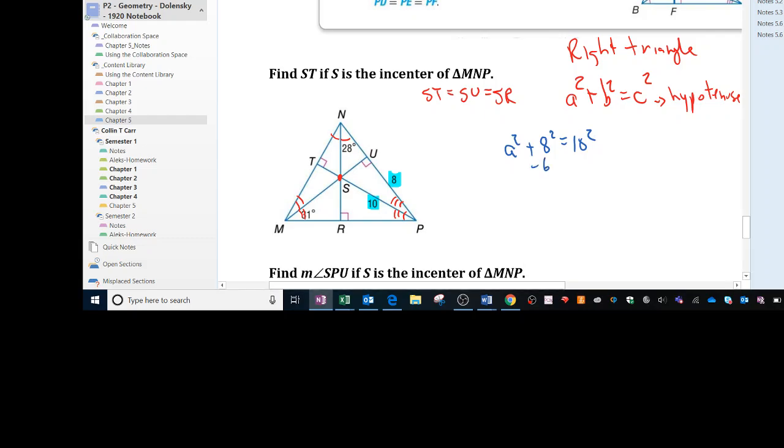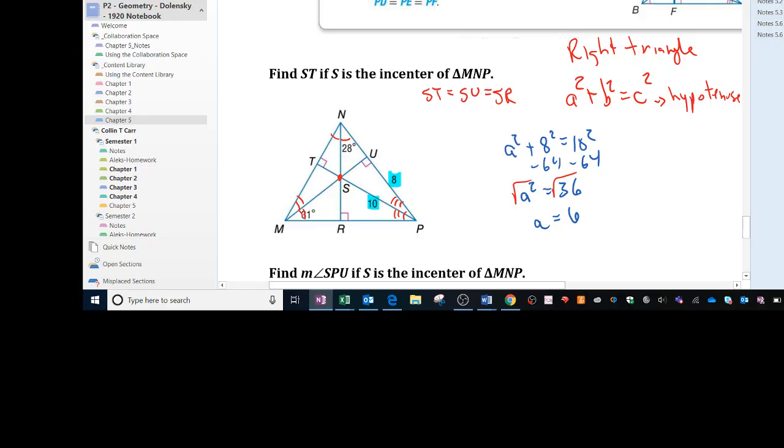And if I subtract 64 from both sides, I get A squared equals 36. And A is going to be 6.